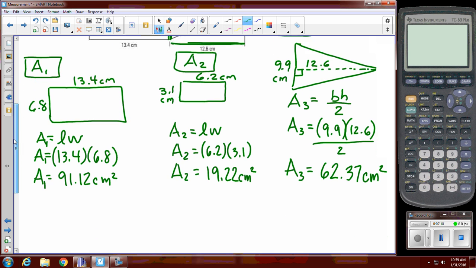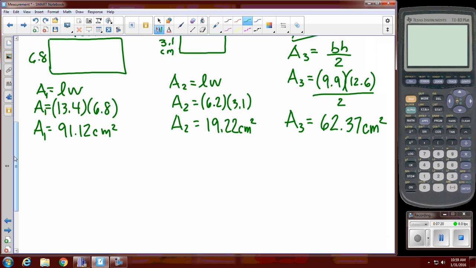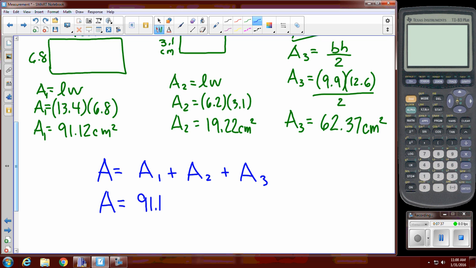The last step is to find the final area of this shape. So the final area would be taking area 1 and adding area 2 and adding area 3, adding all of them up. So the area of this composite shape, area 1 was 91.12 square centimeters, plus area 2, which is 19.22 square centimeters, plus area 3, which is 62.37 square centimeters.